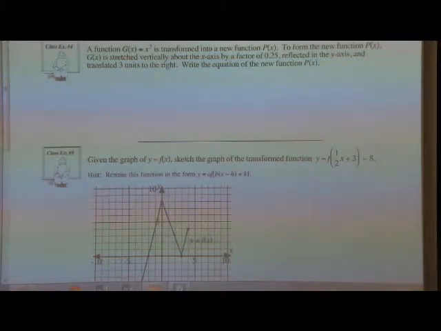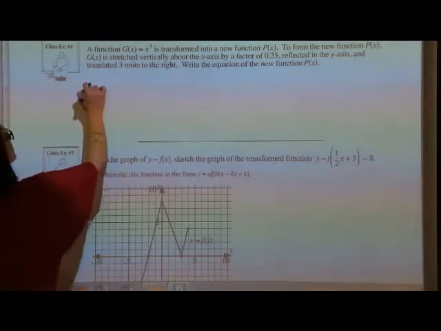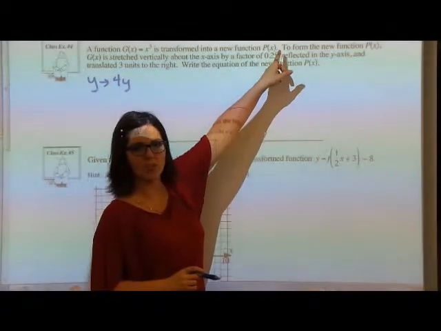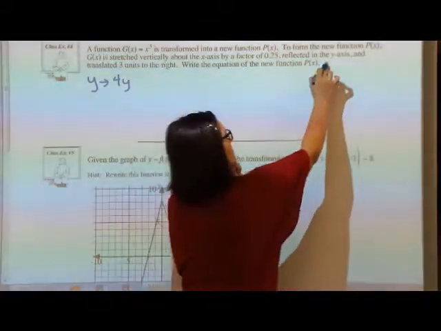Write the equation of this new function. Okay? So, I stretch it vertically by a factor of 0.25. What's my replacement? Y was 4y. Good. Because this factor of 0.25 was a factor of 1/4.